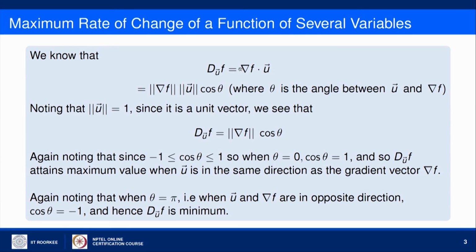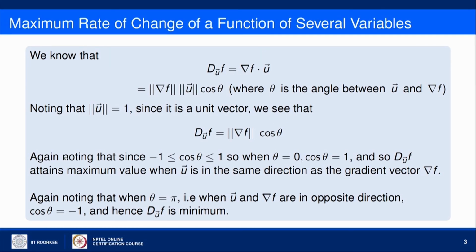In the same way we can write this as the magnitude of gradient of f, magnitude of u, into cos theta. We know that u is a unit vector, so the magnitude of u is 1. So this can be written as magnitude of gradient of f multiplied by cos theta. Now we have to see where we have the maximum value of this, because the maximum value will give the maximum rate of change of the function f.